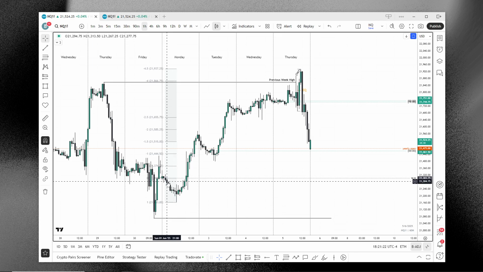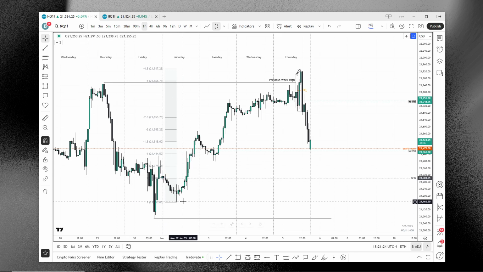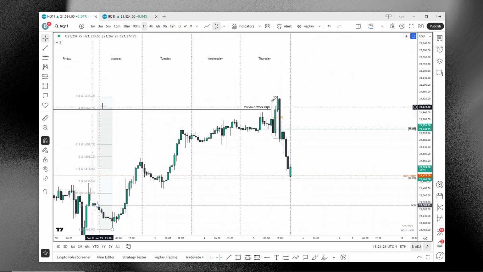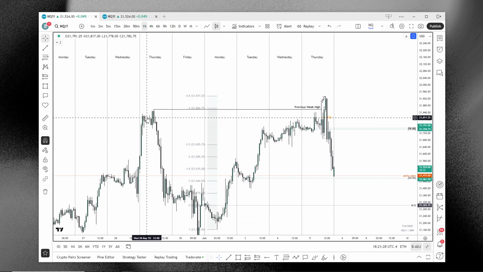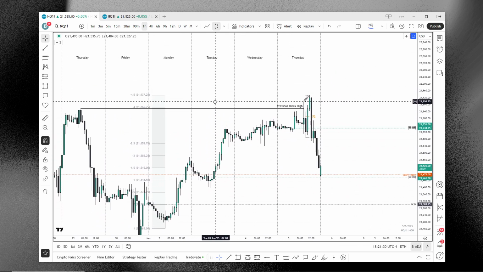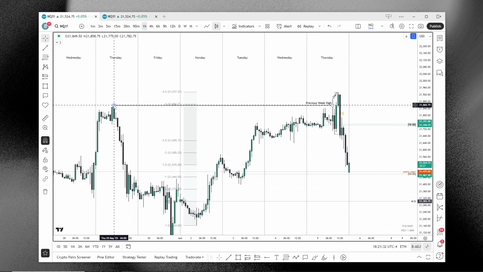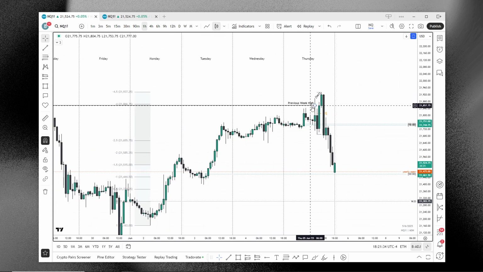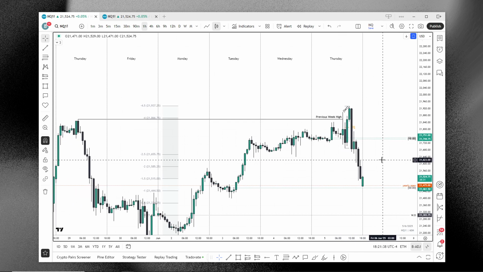So the weekly wick is what we're measuring here. We've reached standard deviation. We've reached previous weekly high. We have taken buy side liquidity. Now we can begin to look to maybe capture a short idea to internal, right?